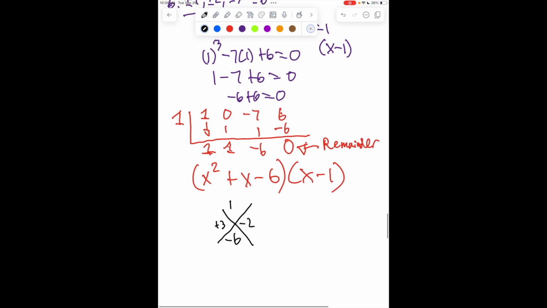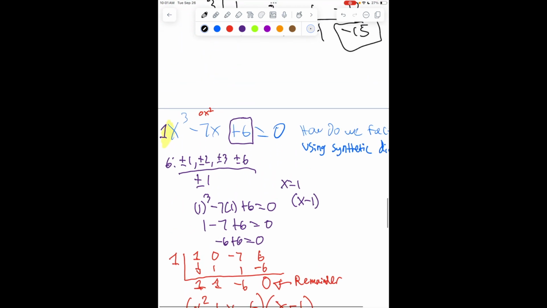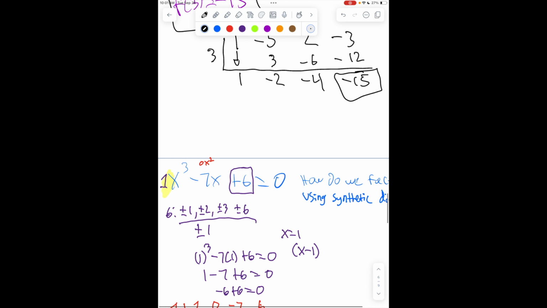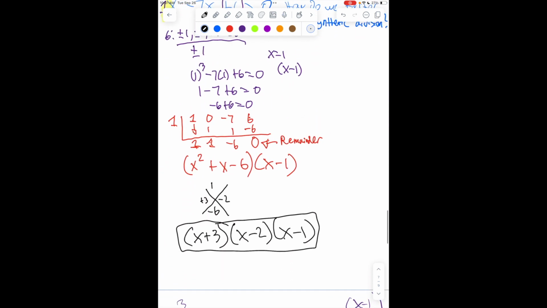So when I write this out, I get x plus 3, x minus 2, and I still have my x minus 1 from the beginning. So I was able to use synthetic division to help me factor x to the third minus 7x plus 6.